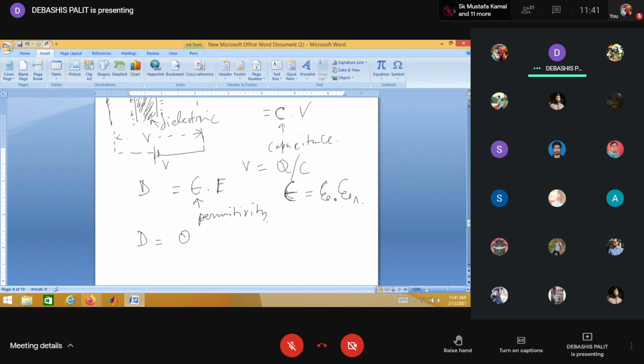So D is Q divided by A, where A is the effective area of the parallel plate capacitor, D is the flux density, and Q is the stored charge. And E, from the previous formula, is D by epsilon. So that is Q by A into epsilon.